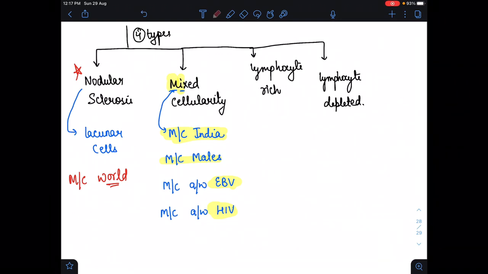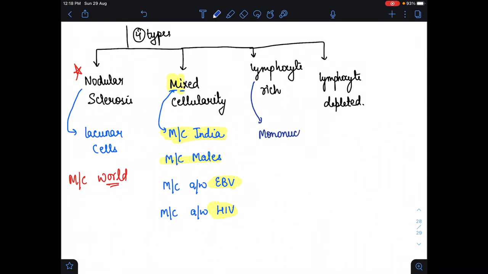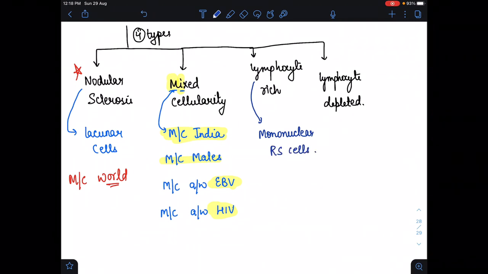And the next point about the lymphocyte rich Hodgkin lymphoma is that mononuclear Reed-Sternberg cells were seen. When you read the clinical case, this point is mentioned in the question, that mononuclear RS cells were seen. So mononuclear RS cells were seen in lymphocyte rich Hodgkin lymphoma.